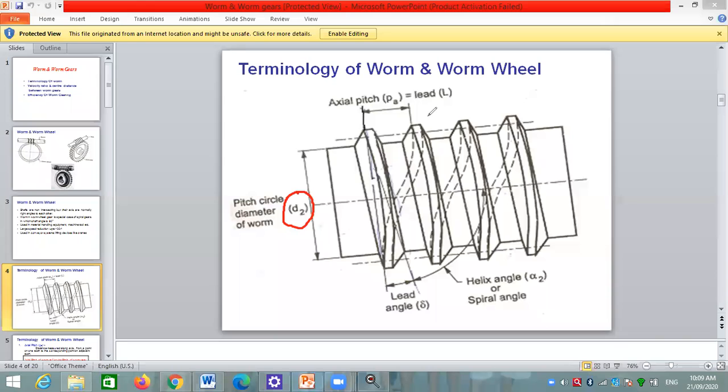Axial pitch. What is meant by axial pitch? I will take this first screw and this is the second tooth. If we take the distance from one point to the same corresponding point on the next tooth, then it is called the axial pitch.